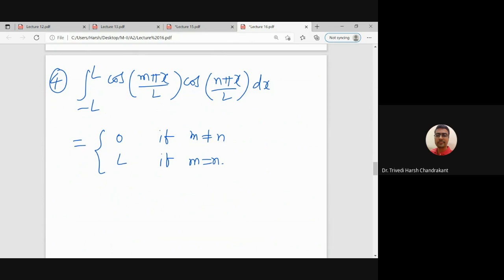The functions we are looking for here are periodic functions.